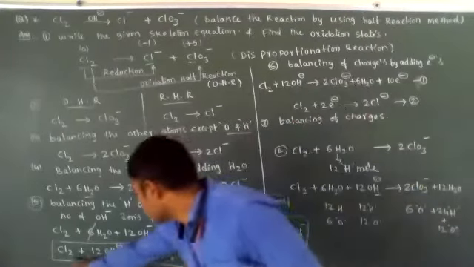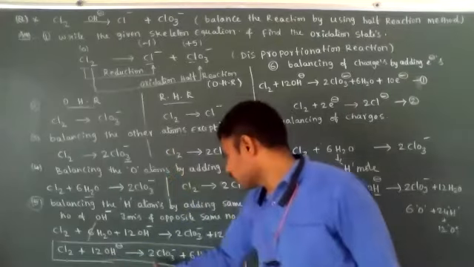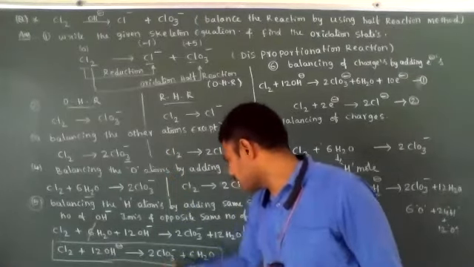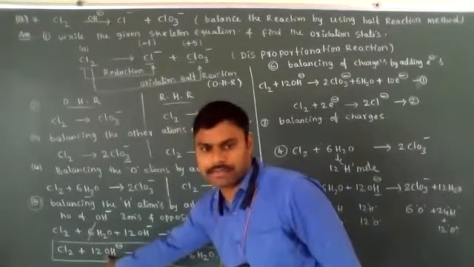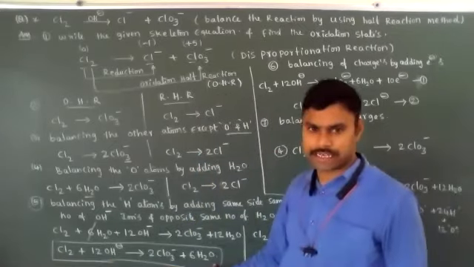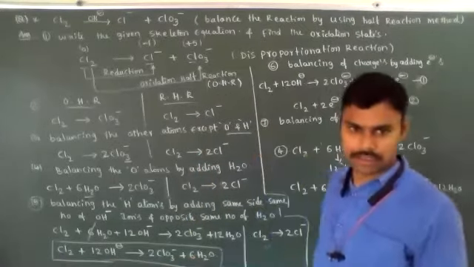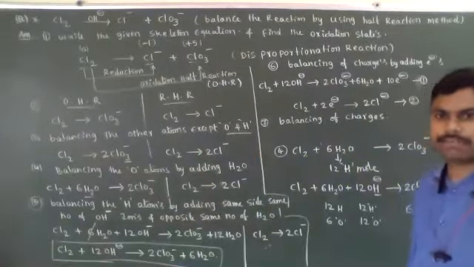Now see Cl2, 12 OH minus, 2 ClO3 minus: 12 oxygen atoms are present on this side and 12 oxygen atoms on the other side, and 12 hydrogens. That is a very important step.